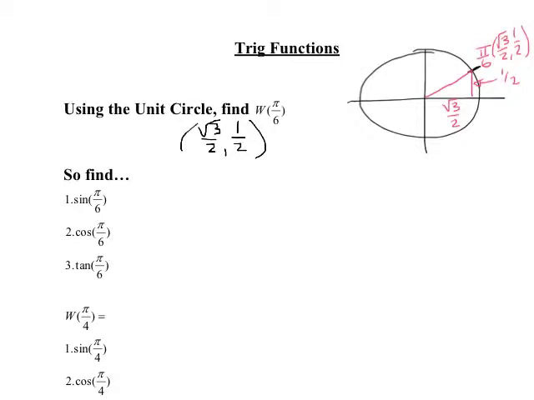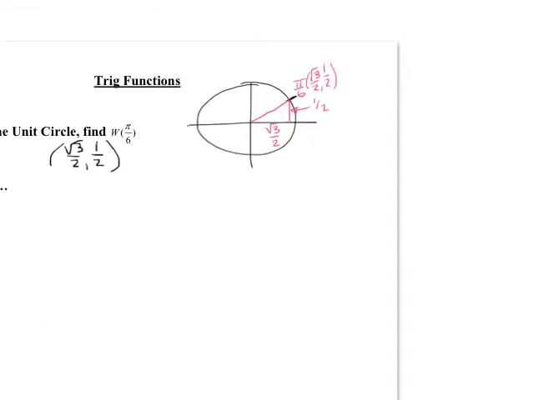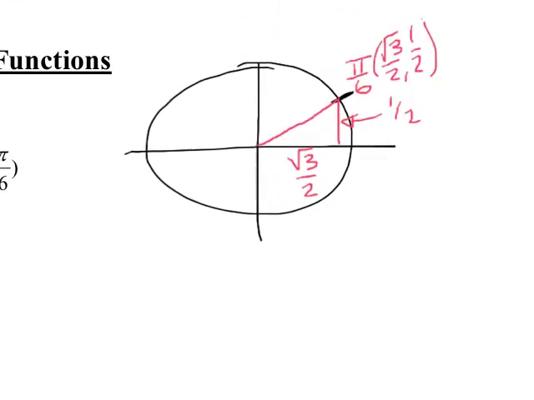Now, given that, let's find some of this information over here. So what is the sine of pi over 6 for that location? Well, if we're talking about this triangle over here, and I'm asking what's the sine of pi over 6, I'm saying, given that this is my central angle, what's the sine of pi over 6?